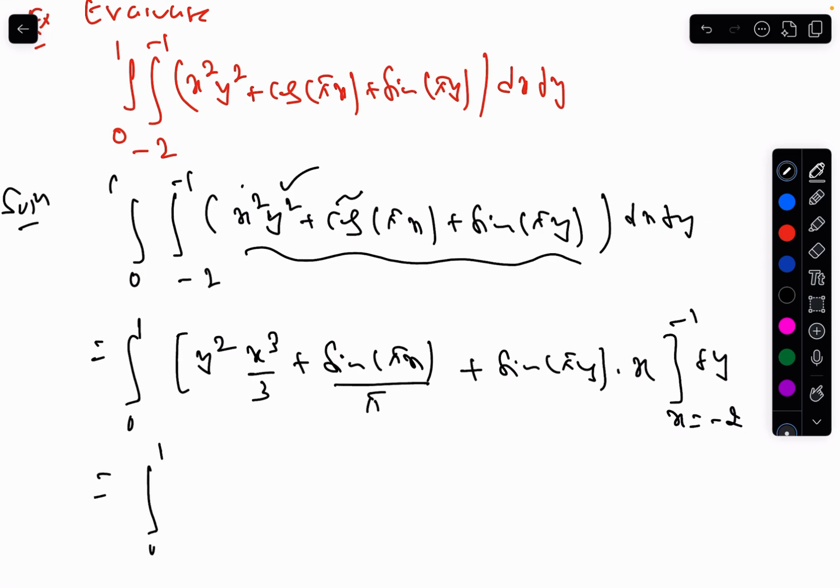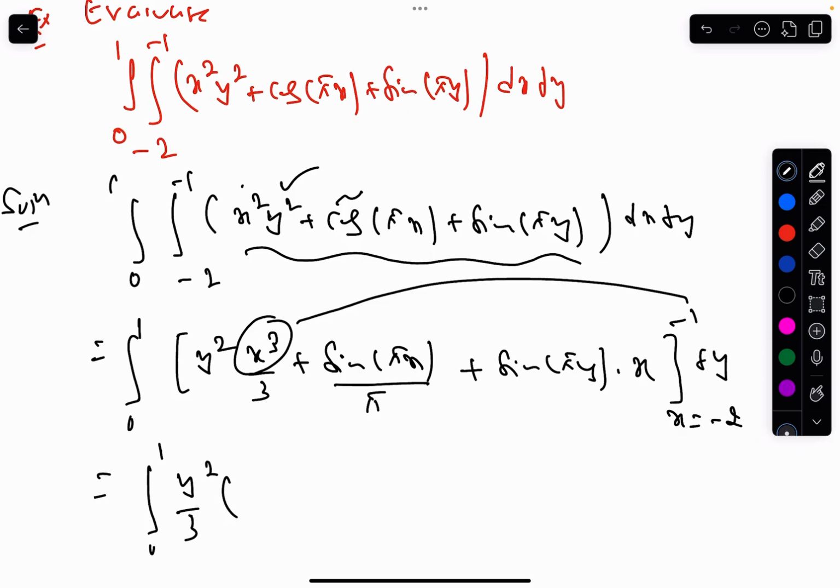So this is equal to integration 0 to 1. This is y square by 3. Now x is -1, so -1 cube is -1. And minus x is -2, -2 cube is -8. So minus minus plus. Plus 1 by pi sine pi x.